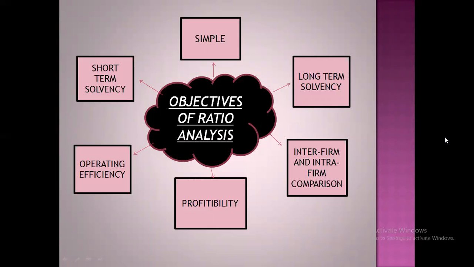Long-term solvency. It indicates whether the enterprise is able to pay its long-term liabilities on time or not. Next, operating efficiency. It helps to assess the operating efficiency of the business, whether the resources of the business are being utilized properly or not.